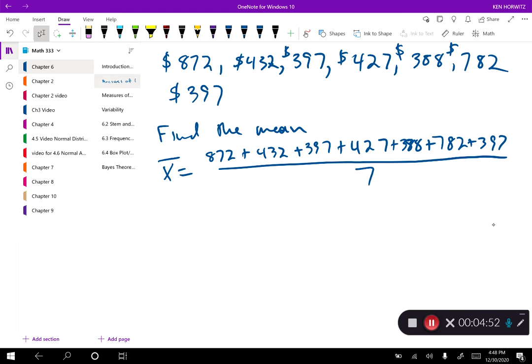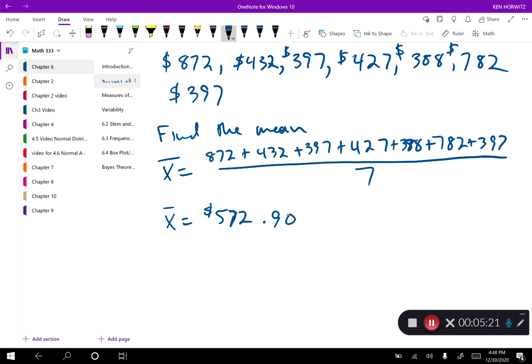All right, hopefully you paused the video and did the calculation. I got x bar to equal 572.90. A question very commonly asked is, where do you round to? In this case, the context of the problem dictates where we round.